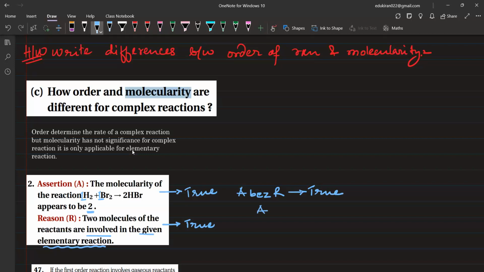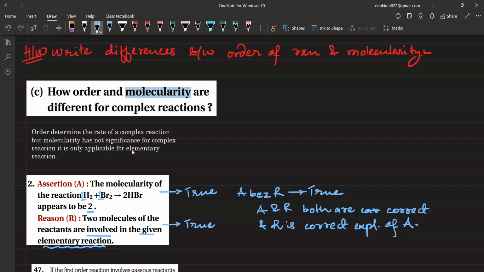And hence we can write: assertion and reason both are correct, and reason is the correct explanation of assertion. Okay.